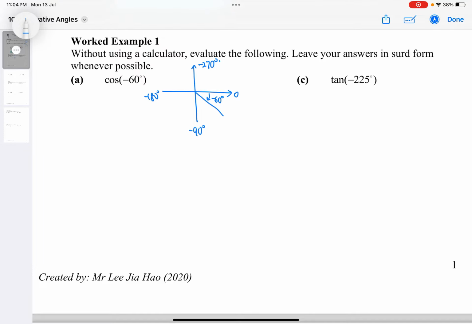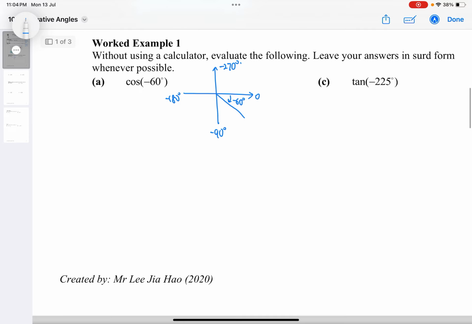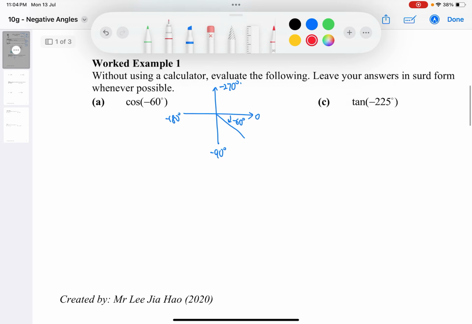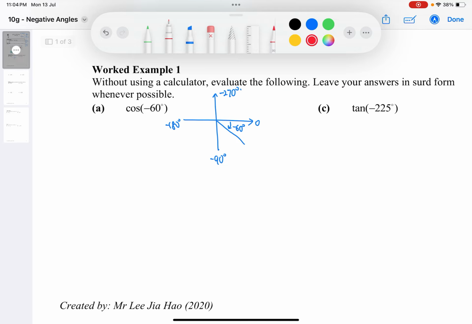Once you draw it out, you can see what the basic angle is for this question. The basic angle is the angle between the line and the x-axis. So that will be here. This is our basic angle alpha, which equals 60 degrees.